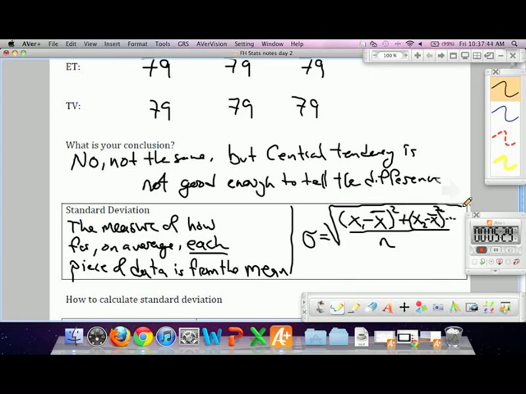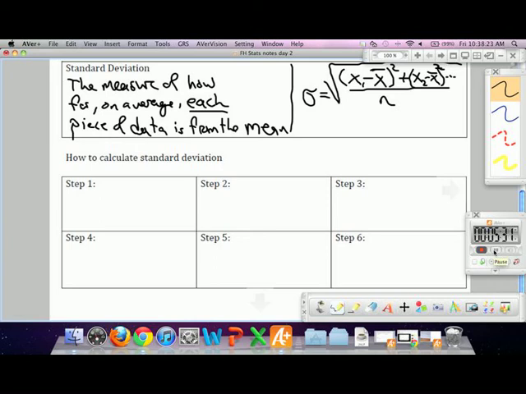First step, in order to use that formula, we need to find the mean. If we want to calculate the standard deviation of a set of numbers, first figure out what the mean is. Another symbol for mean is x bar. Find the mean, we'll call it x bar.